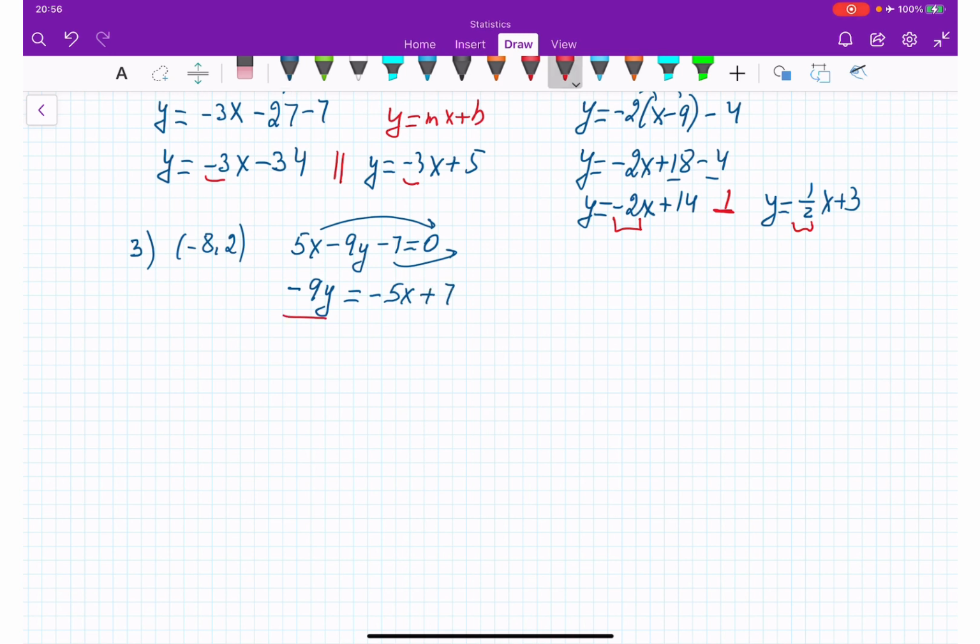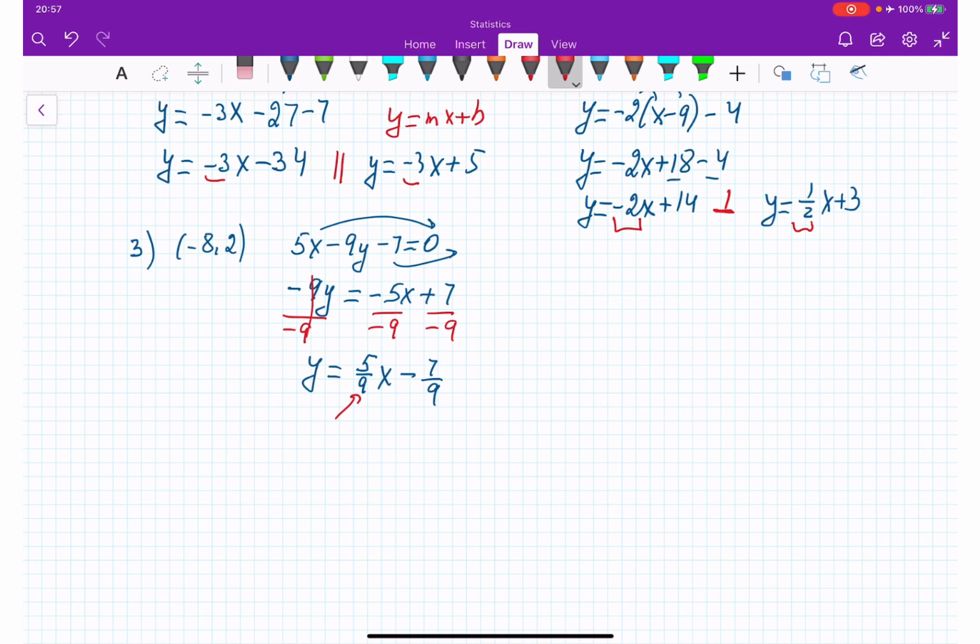Dividing by negative 9, we get y is equal to positive 5 over 9 x minus 7 over 9. Now from here we can say that 5 over 9 is our slope.